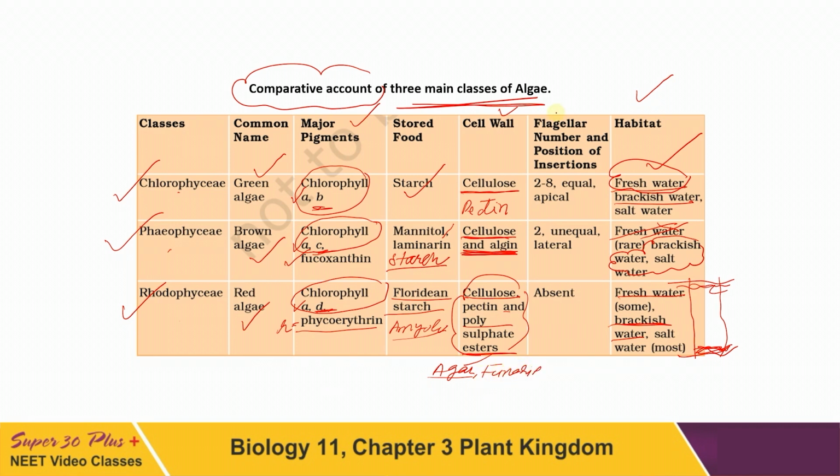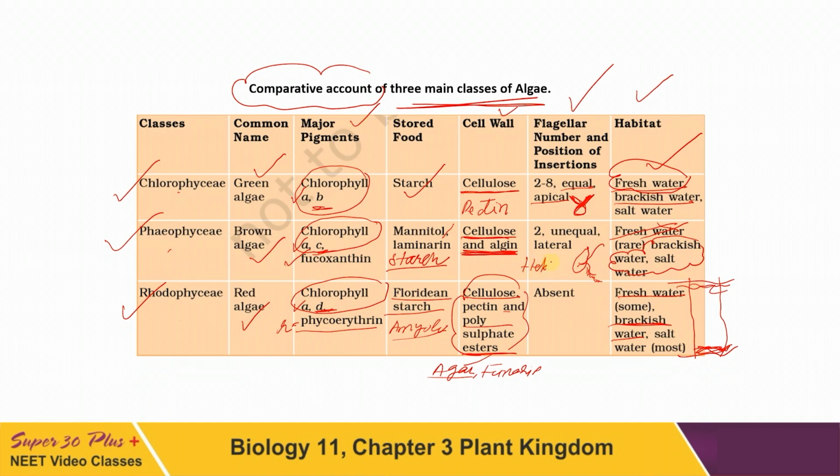Come to the last one, flagellar structures and position of insertion. In Chlorophyceae, the flagella are equal and apical; these are the zoospores, which are flagellated, and the flagella are at the apex. In Phaeophyceae, the cell is pyriform and the flagella are laterally inserted, and both flagella are unequal and different, known as heterocont.